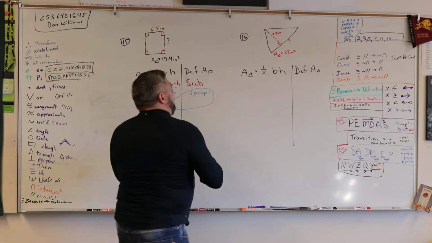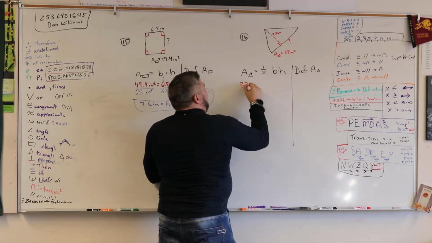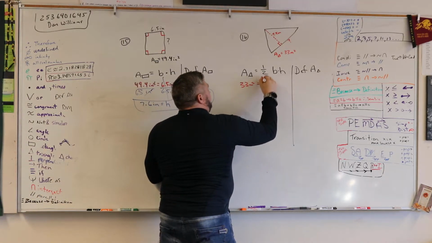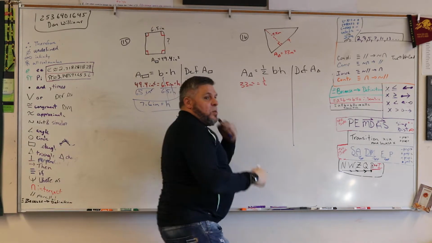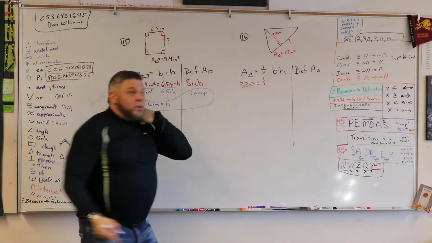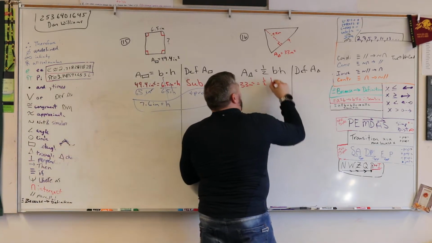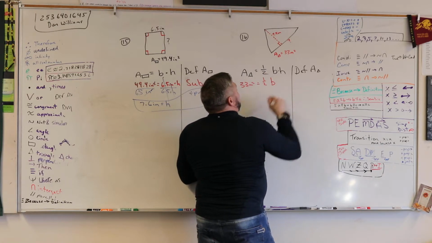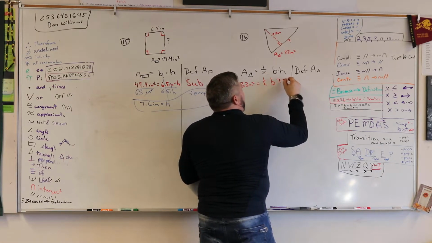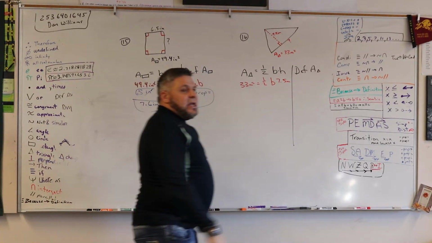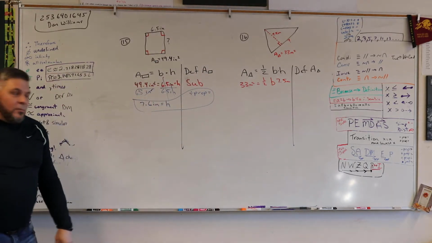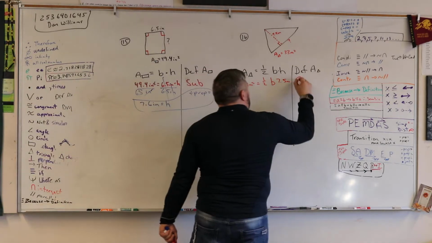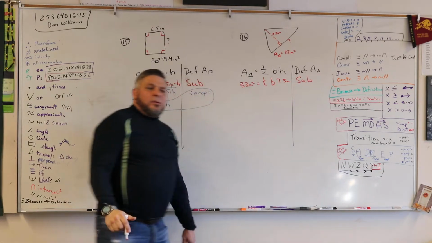Throw it in. What's the area? 33 meters squared equals 1/2. What's the base? I have no idea. So B. What's the height? 7.5 meters. Okay? So that's substitution, right? We're subbing it in.